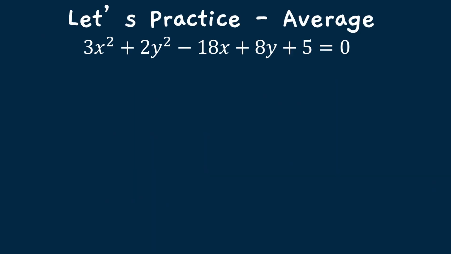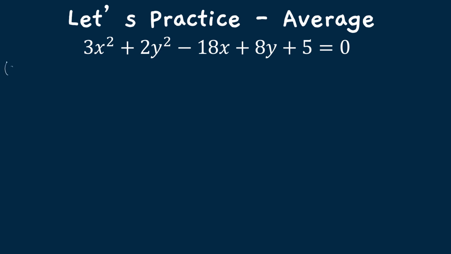For your first step, always remember we cannot apply the first part of a circle. We cannot divide the whole equation by the constant of x squared and y squared. Instead, we need to group them according to their variable. So all the variable x and variable y should be together.